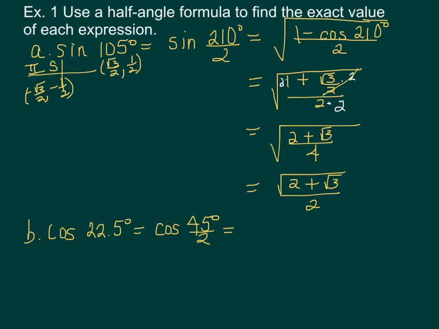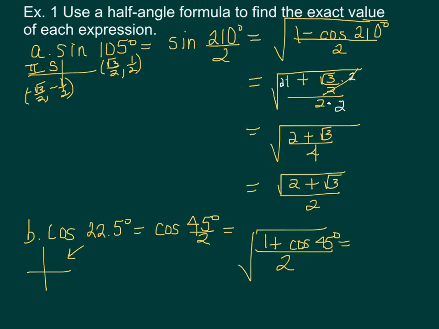And since 22.5 is in quadrant 1, where cosine is positive, then we're going to use the positive half angle formula for cosine, which is 1 plus cosine of our angle, which is 45, all over 2. And make sure you make that square root cover the top and the bottom.